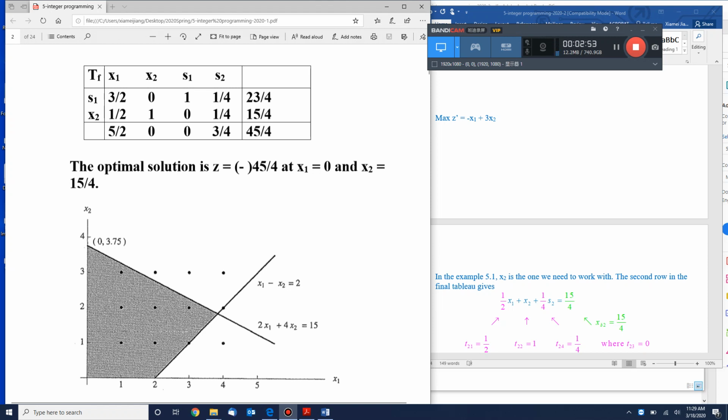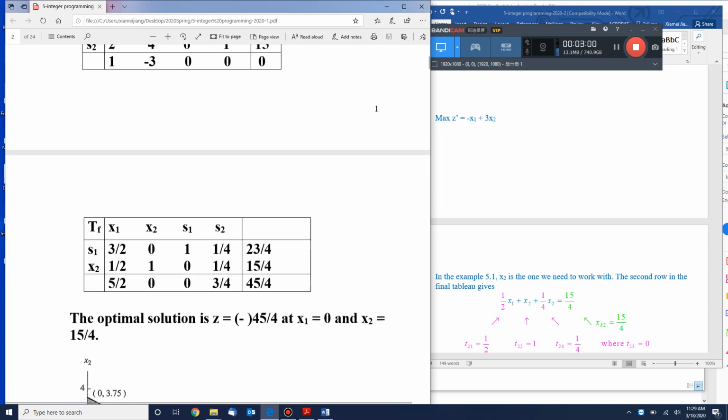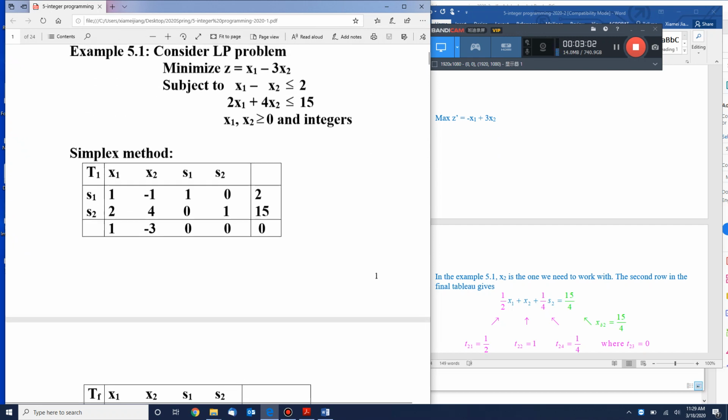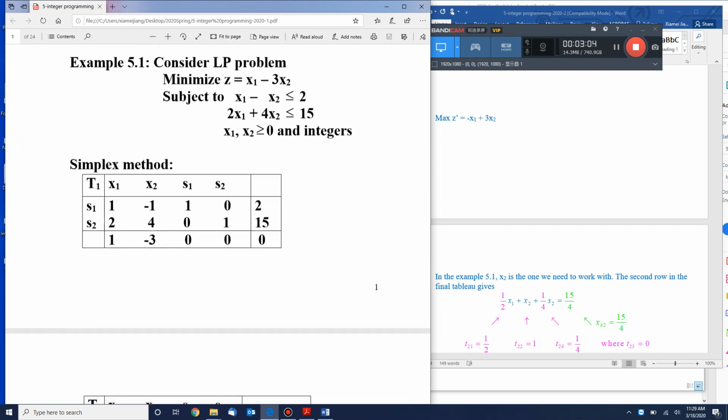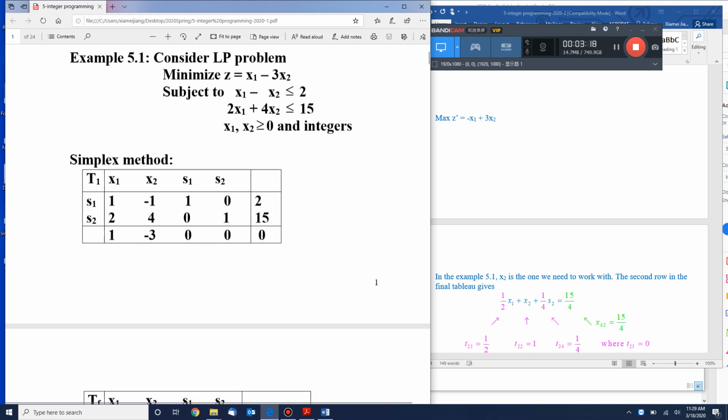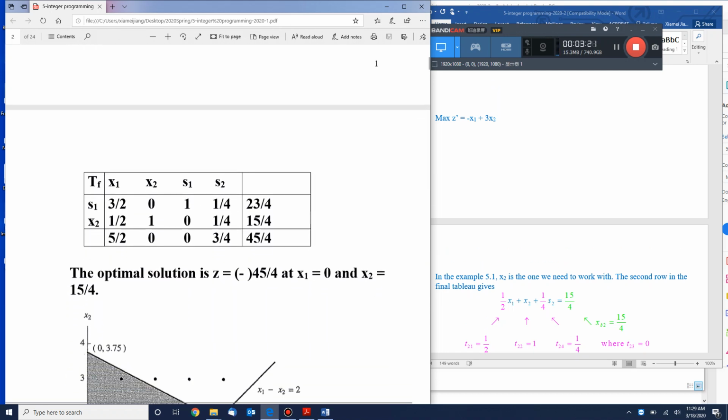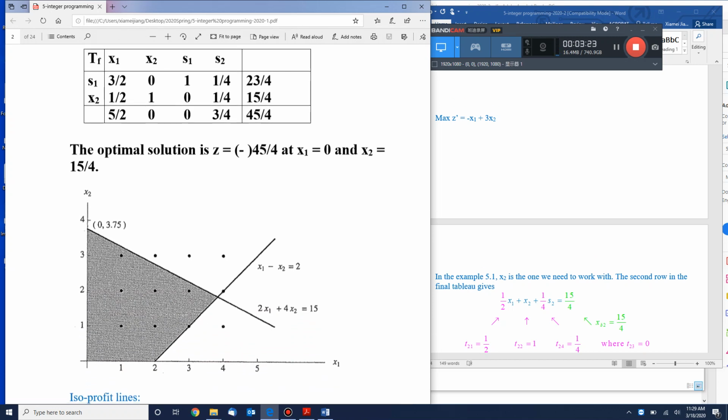If you go back to the LP problem, you could see that if we choose x1 equals 0, x2 equals 4, the second constraint fails: the left side of the constraint is 0 plus 4 multiplied by 4. That's 16, which is greater than 15, right? So (0, 4) is not in the feasible region.